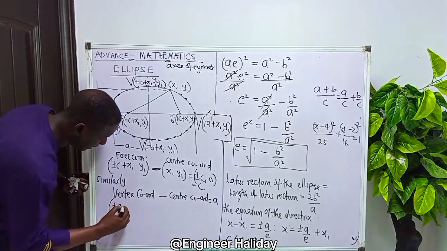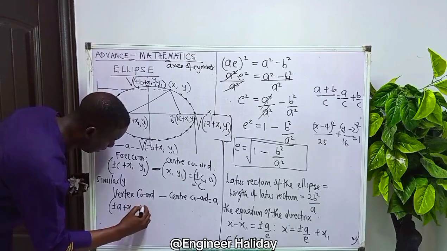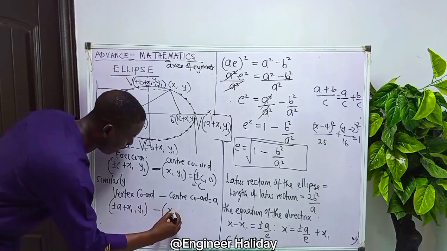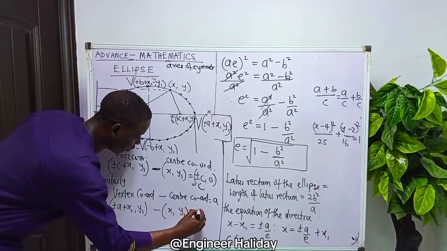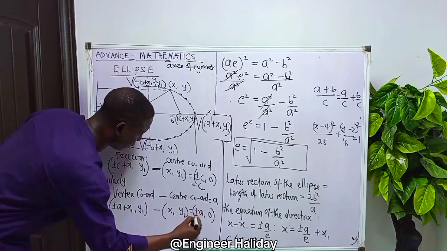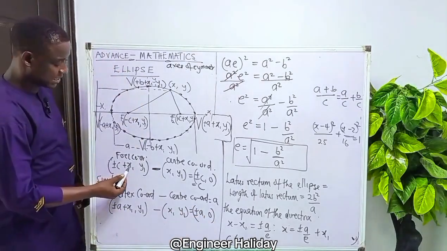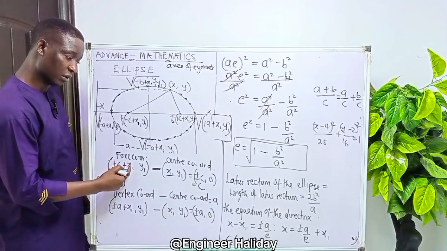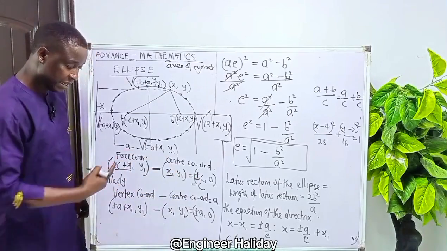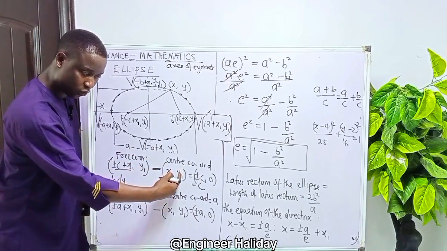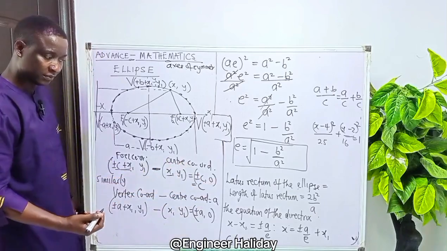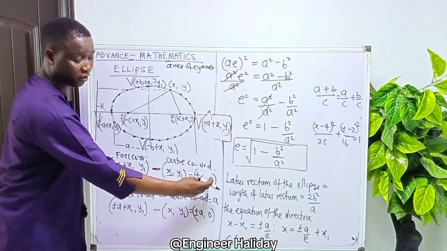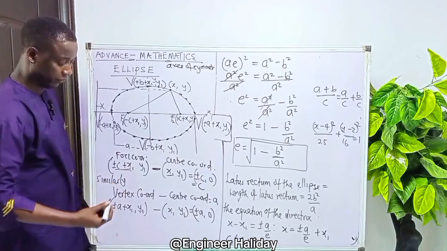Plus or minus a plus x1 comma y1 minus x1 comma y1 will give us plus or minus a comma 0. Let's subtract, you understand? This one minus this, do you know it will cancel out? Then y1 minus y1 will give us 0. Then when you take the Pythagoras theorem of this one, absolute, you have c.